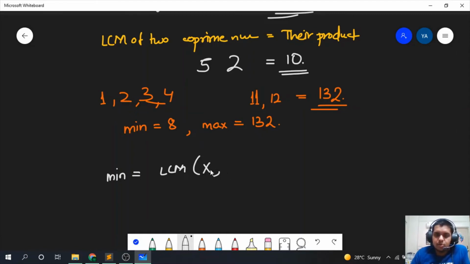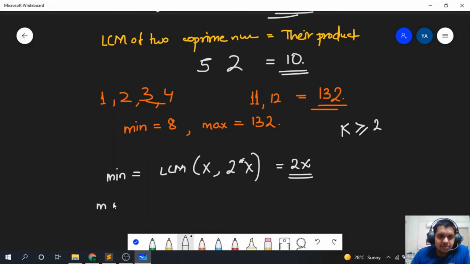The smallest multiple that we can make from x is 2 times x, because 2 is the smallest number that can be multiplied with x. So the LCM of x and 2x is 2x. Since k has minimum value 2, k will always be greater than or equal to 2. So the minimum LCM is 2x.